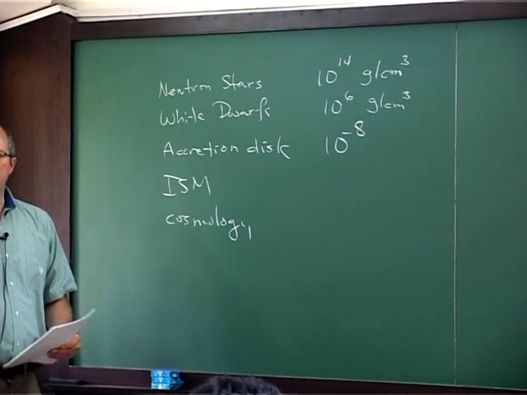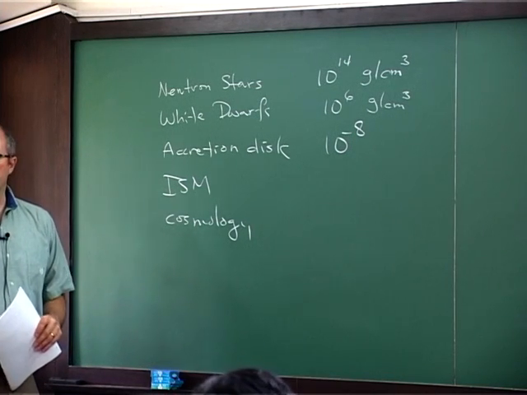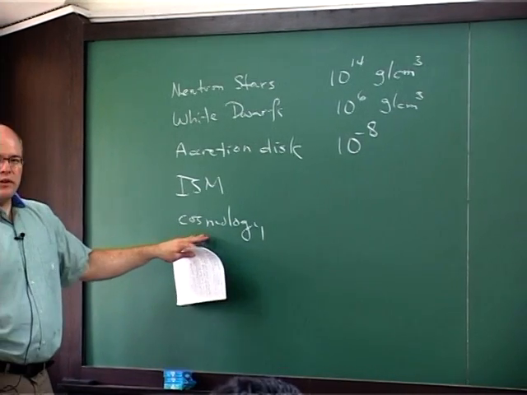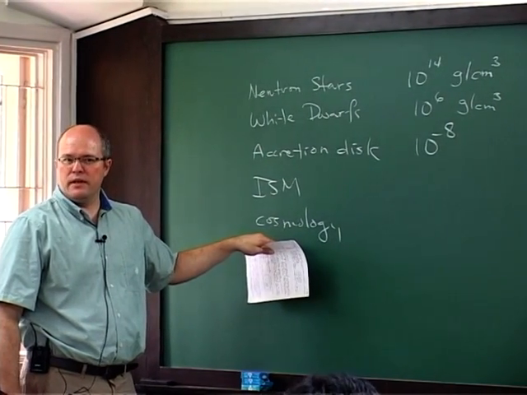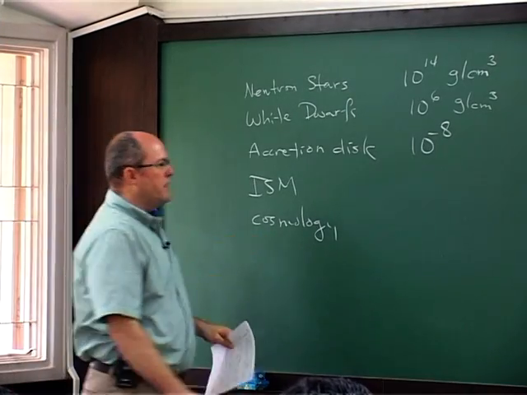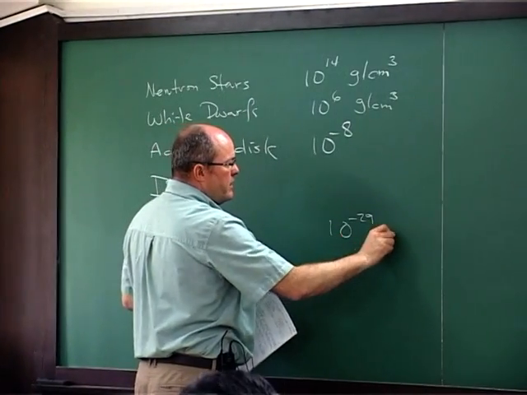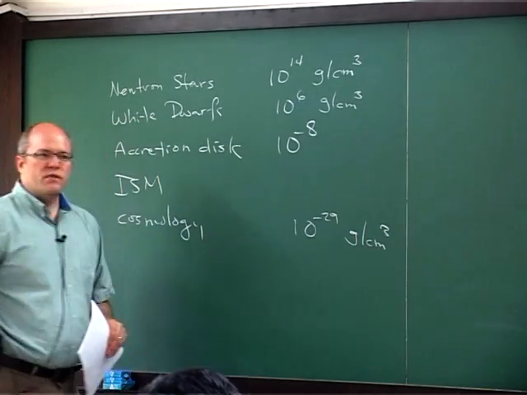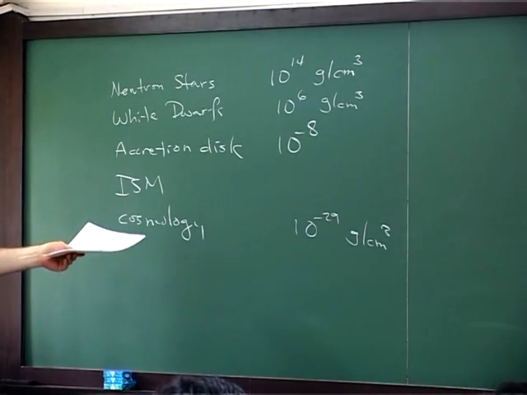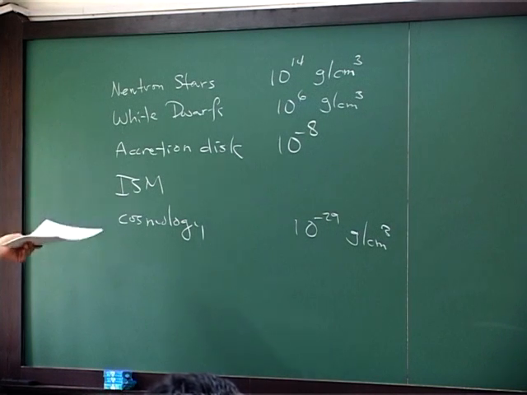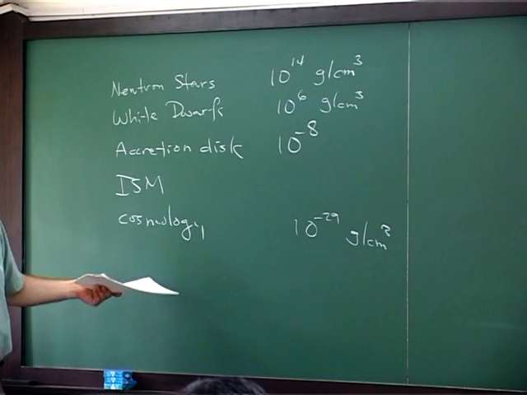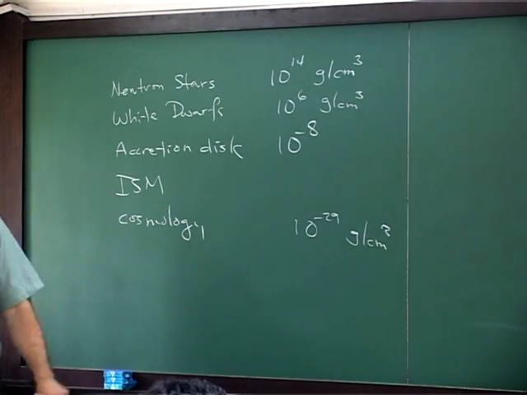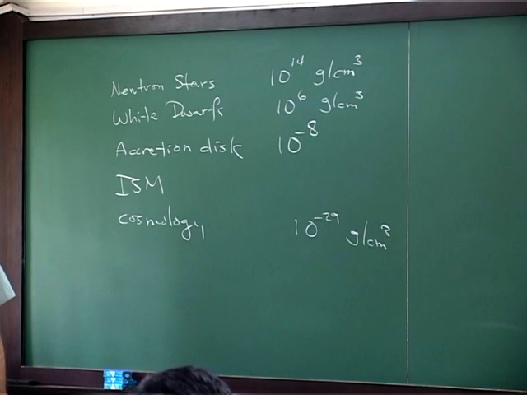And we might have 10 to the 8th atoms per cubic centimeter. If you look at the standard cosmological model, the average density of matter in the universe today is like 10 to the minus 29 grams per centimeter cubed. So if you look at this range, it's fascinating that there's one model that is used continually here. So let's talk a bit about what a fluid is, and then we want to hit why there is one model that covers this extreme range of almost 45 orders of magnitude of density.